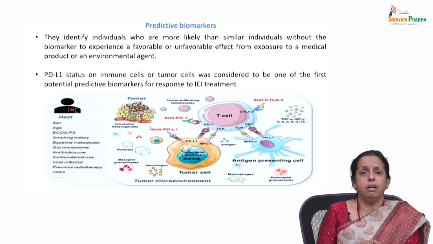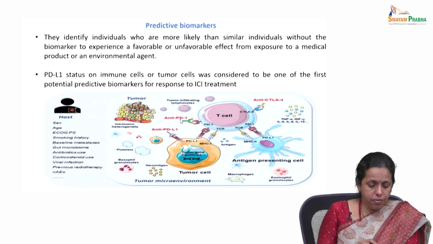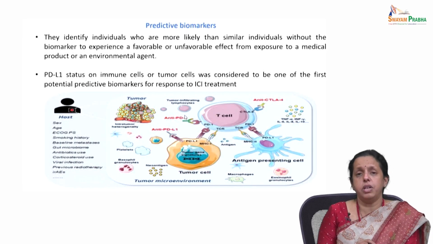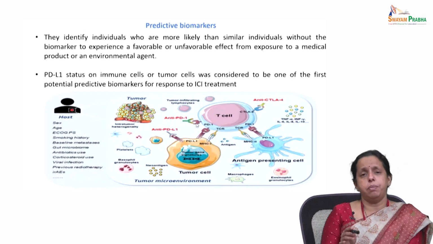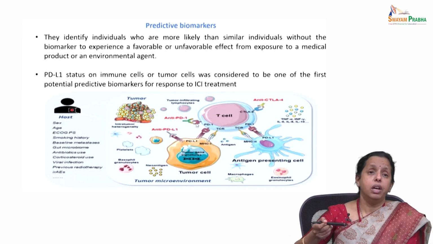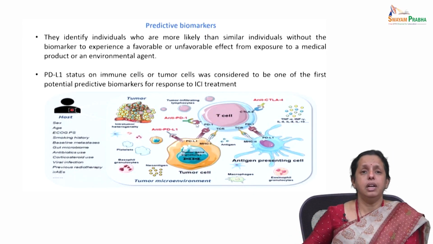They can help determine your PDL1 status and the tumor mutation burden. They can help in enrichment of the patient population for clinical trials, and then you can stratify the patients as PDL1 positive, PDL2 positive. Now how do we go about the treatment strategies?